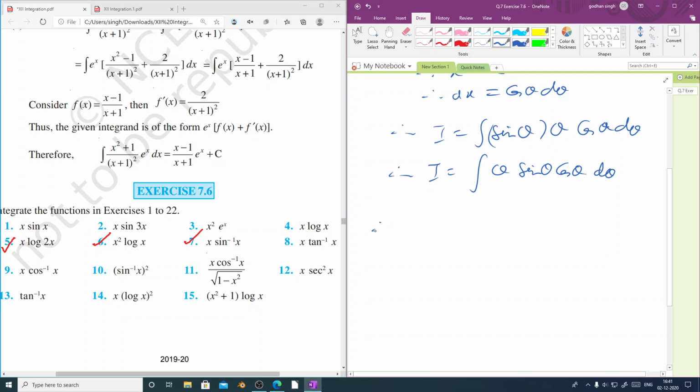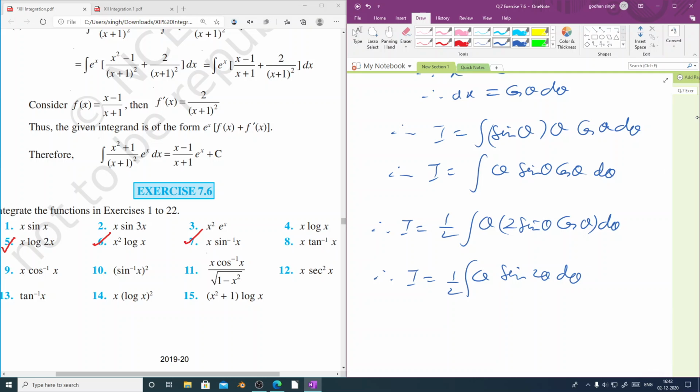Therefore I is equal to half into integration of theta into 2 sine theta cos theta d theta, and this will become I equal to half integration of theta sine 2 theta d theta.